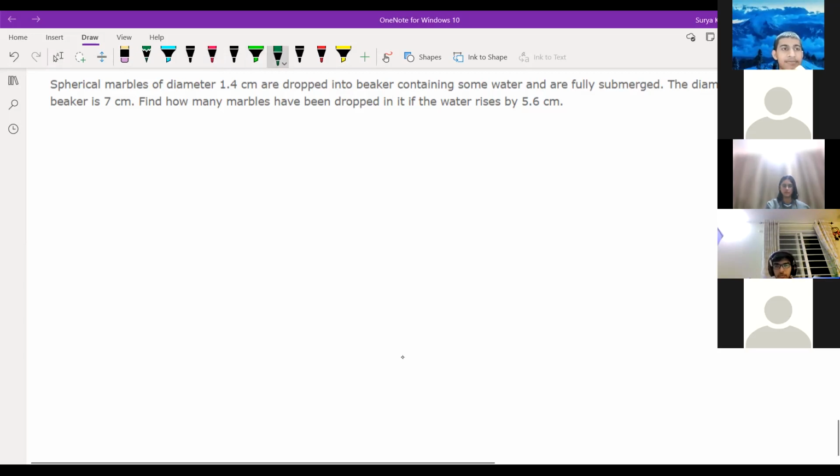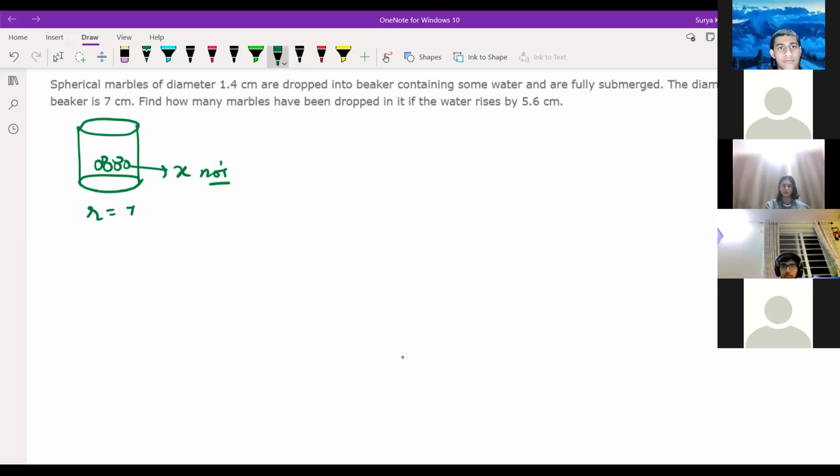The beaker is cylindrical in shape, right? Fully submerged are the spherical marbles. We should find the number of marbles. So X marbles we are just going to take, right? This much small marbles are there, so suppose X is the number of marbles. And the diameter of the beaker is 7. The radius of the beaker is 7 by 2 centimeter.